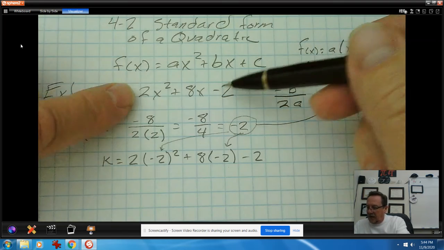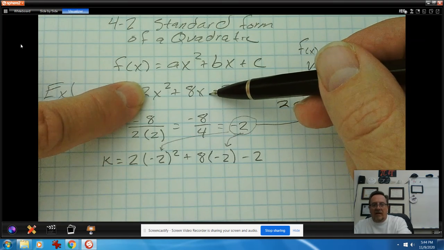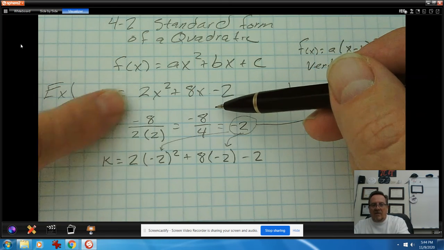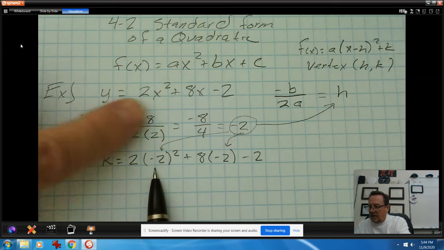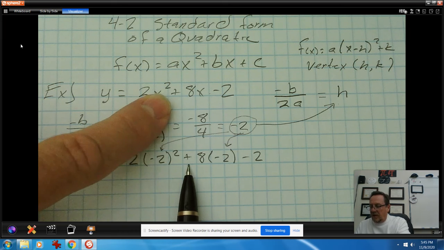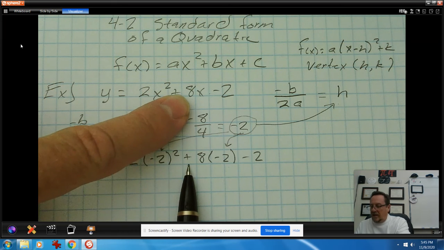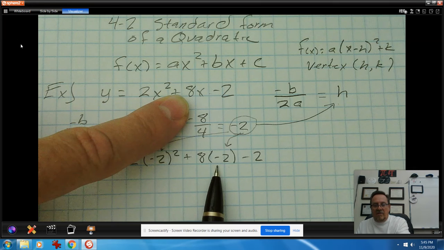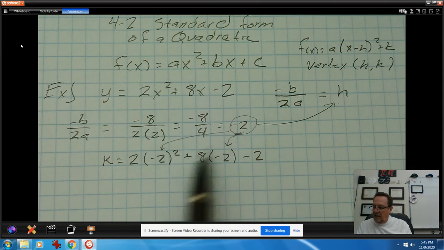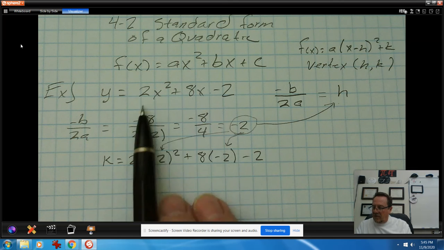I plugged it in for my x values. So this is 2 times negative 2 squared. That comes directly from up here. 2 times negative 2 squared plus 8 times negative 2, and then minus 2. So I'm just plugging in negative 2 wherever my x was up here.